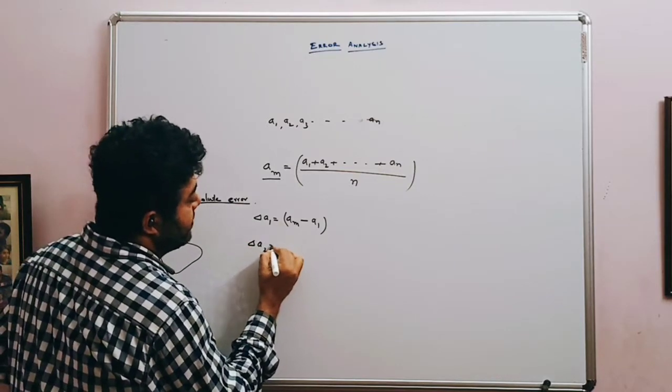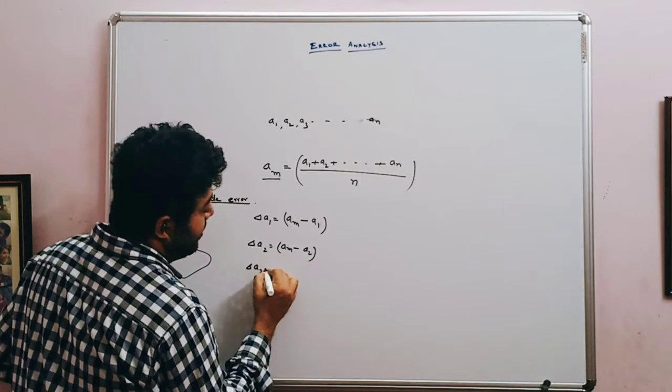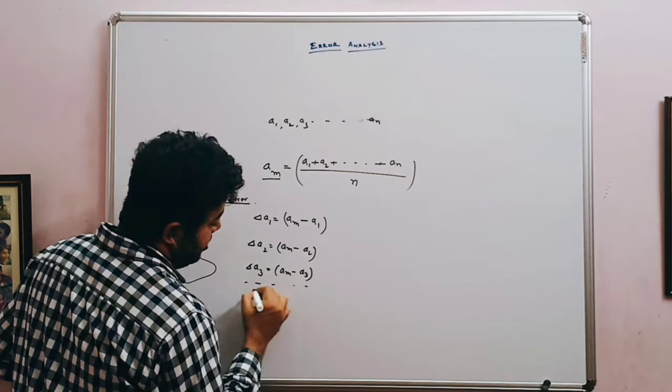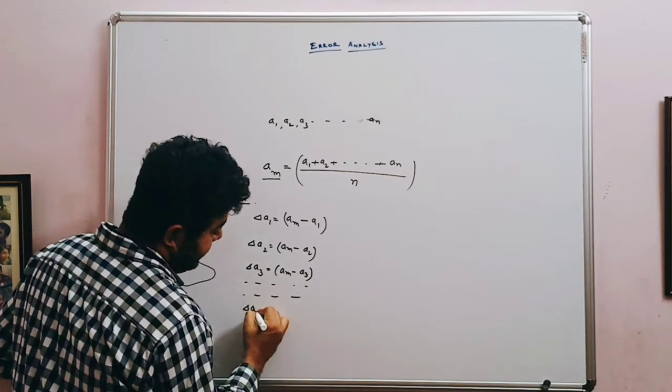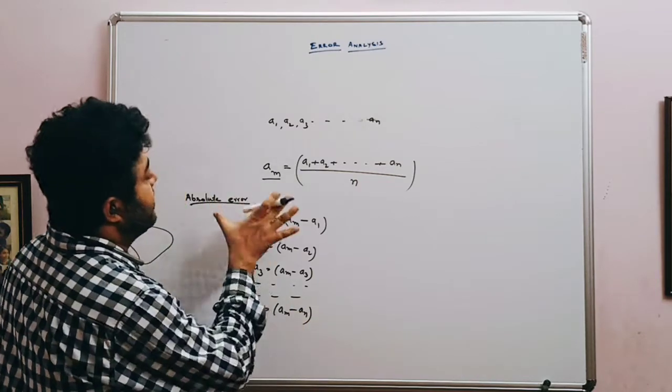For the second one we can write am minus a2. For the third one we can write am minus a3 dot dot dot an, what we can write am minus an. So that is for the absolute error.